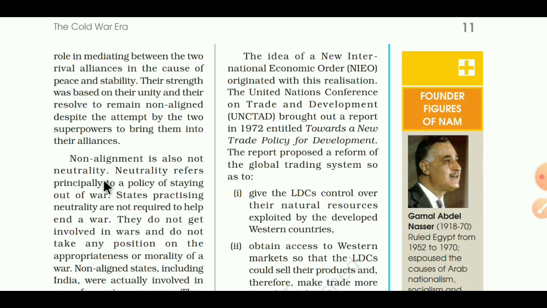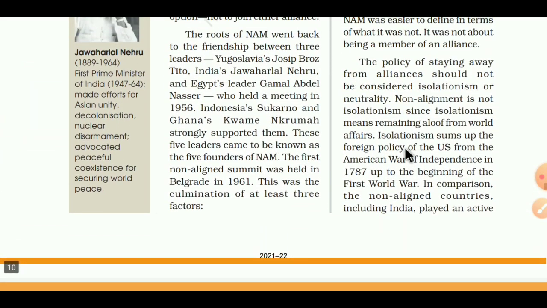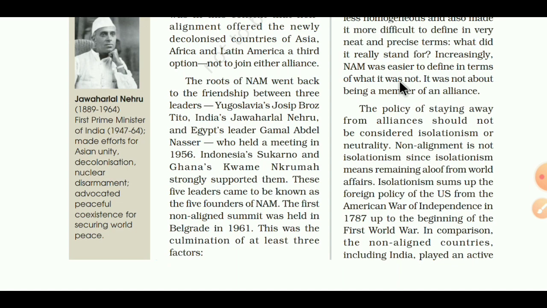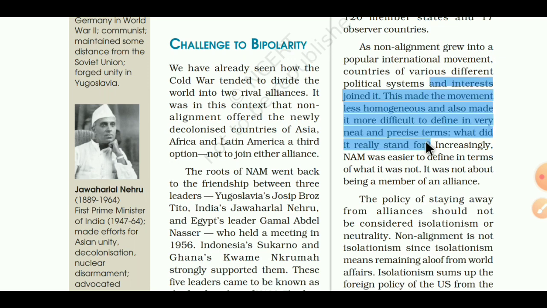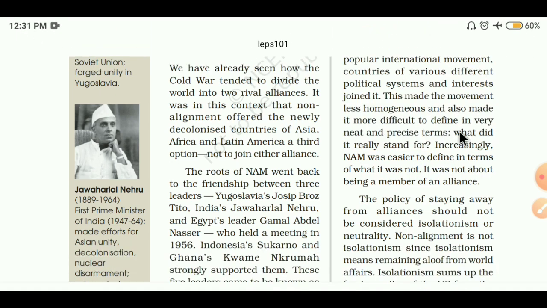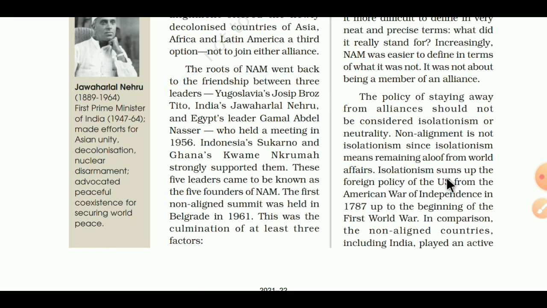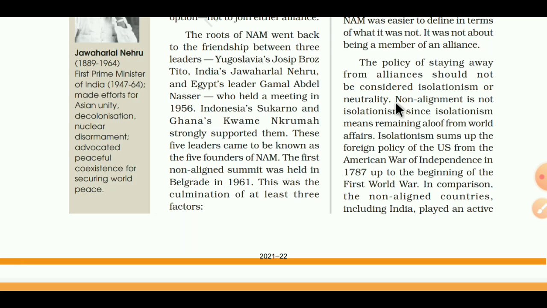Non-aligned is not neutrality. But one thing you need to know: why did the leaders of the non-alignment movement keep themselves away from these two blocs? Were they giving up their power? No, they were not giving up their power. They basically wanted to keep their independent foreign policy, and they used their independent foreign policy to build their countries to be more economically powerful.